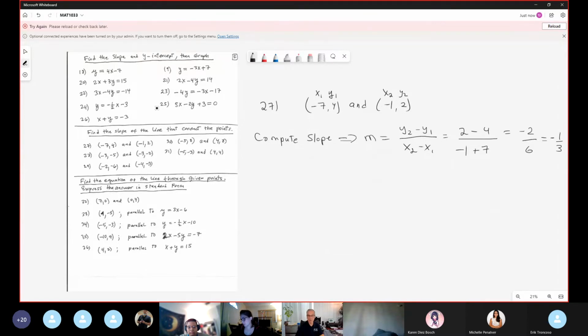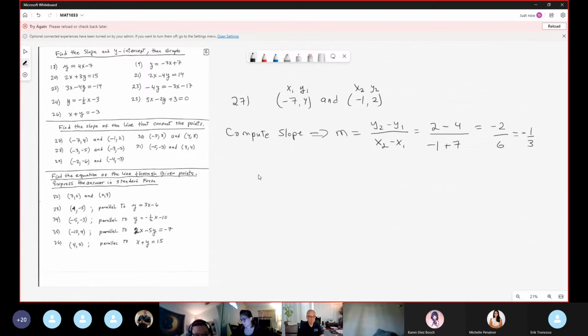And that's it. However, I want to do it more. Suppose that I change the question. I need to find the equation of the line passing through these two points, connected by the line.